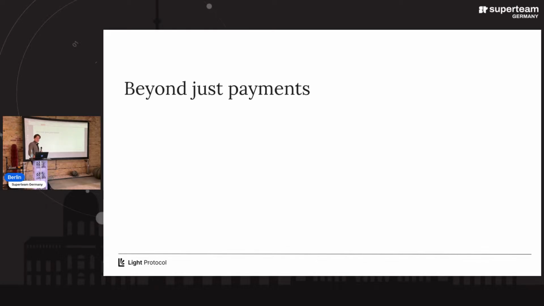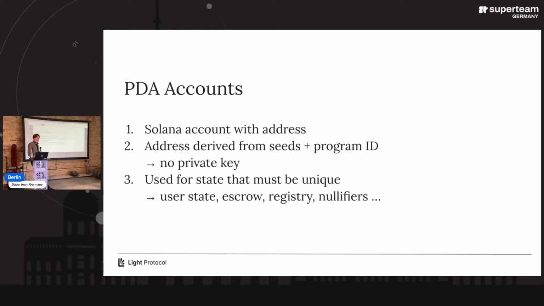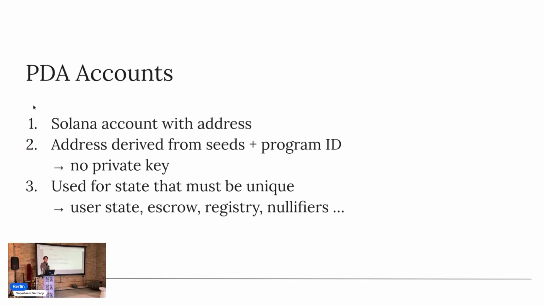let me quickly just touch upon the PDA accounts, which are a core infrastructure piece here whenever you would want to build, for example, an application where you register user state on chain, or need an escrow, or register anything, or want to use nullifiers to prevent double spending, or to replicate any instruction on chain again.